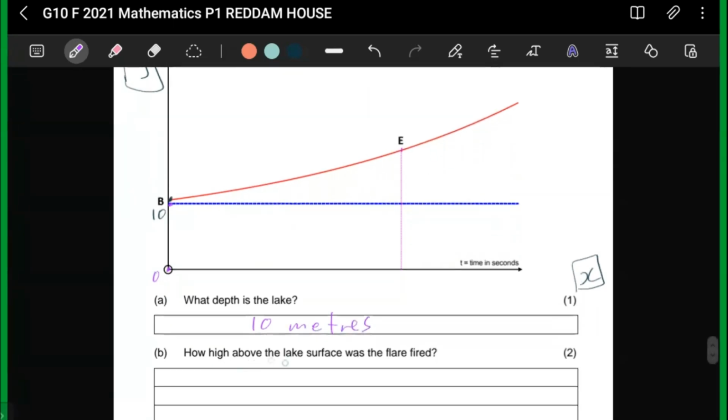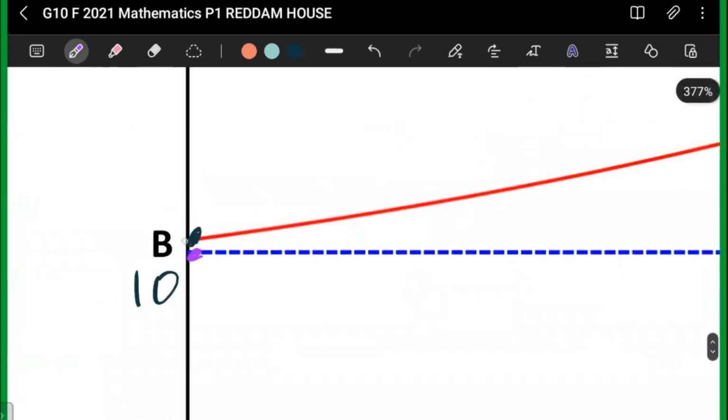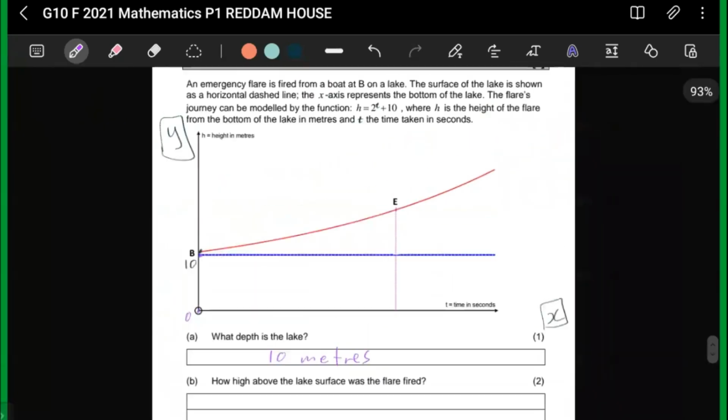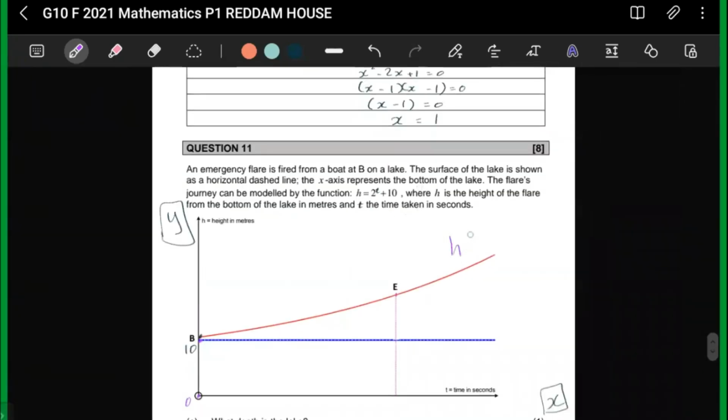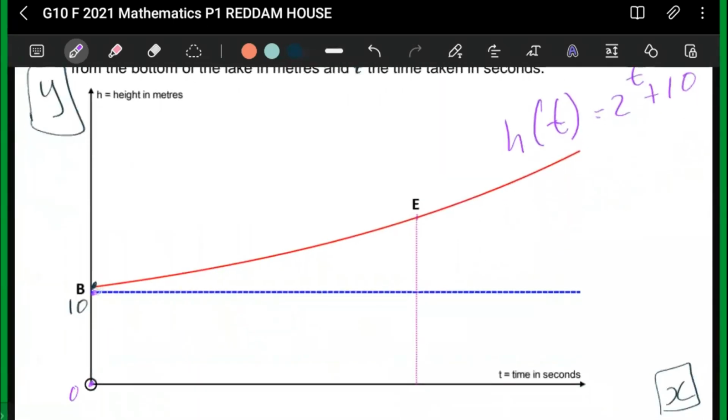How high above the lake surface was the flare fired? So you want to figure out the y value of B. Remember, this is just an equation. If you want to find the y value of B, you already know that at B the value for t is 0.